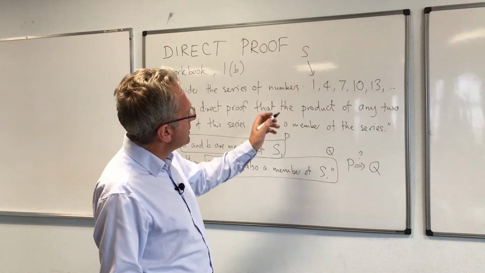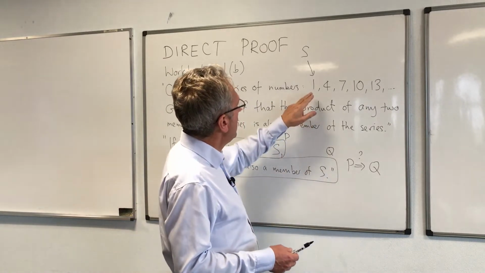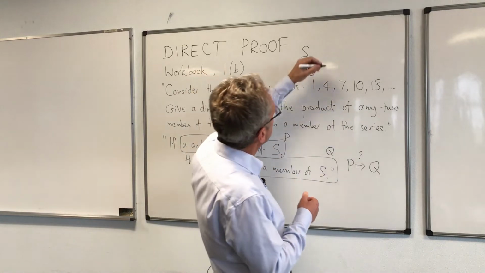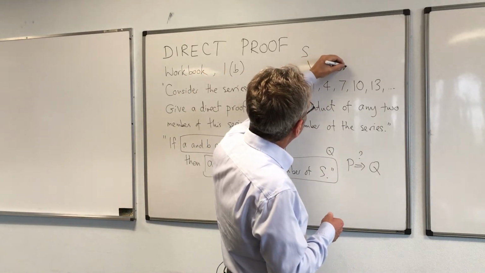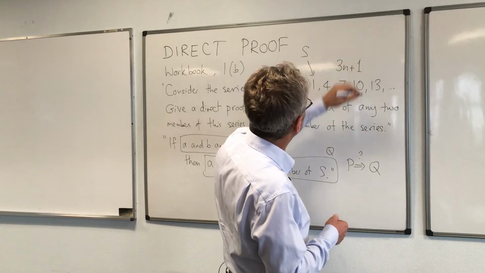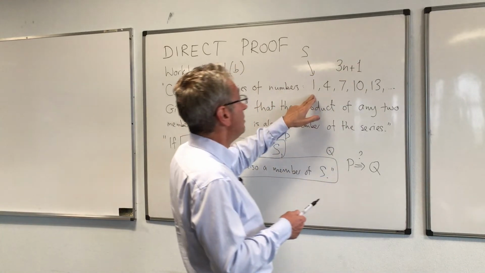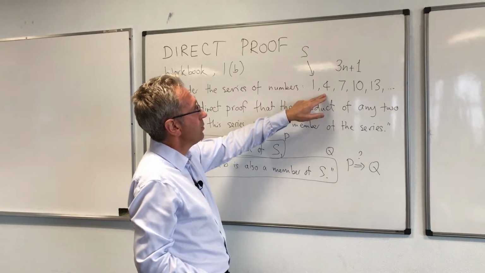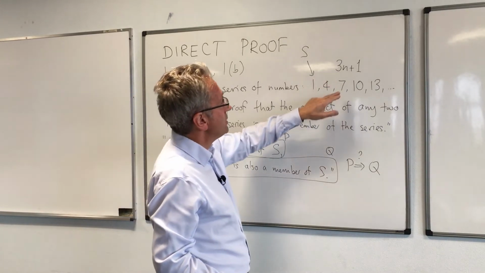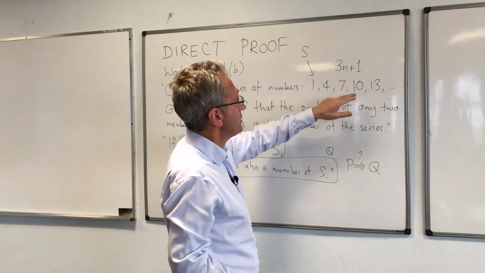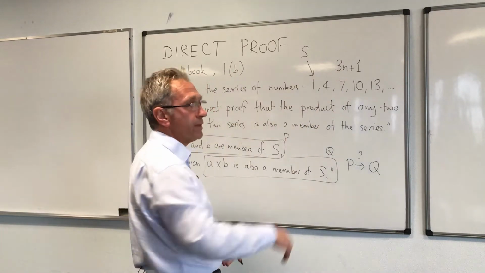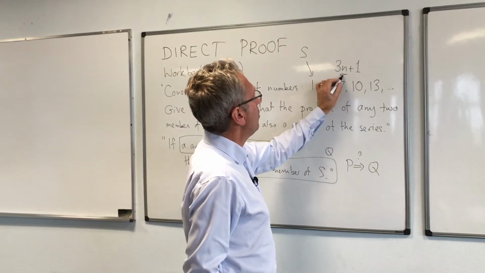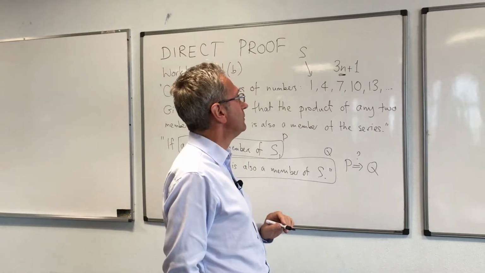Well, what I notice is that these numbers get increased by 3, so they're all going to be of the form 3n plus 1. So if n is 0, 3n plus 1 is 1. If n is 1, that's 4. If n is 2, 3n plus 1 is 7, and so on.